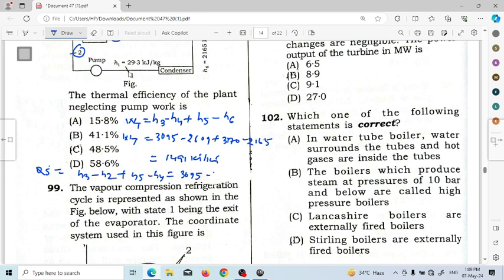Pump work is neglected as given, so H1 is equal to H2. So 29.3 plus H5, H5 is 3170, minus H4, H4 is 2609.